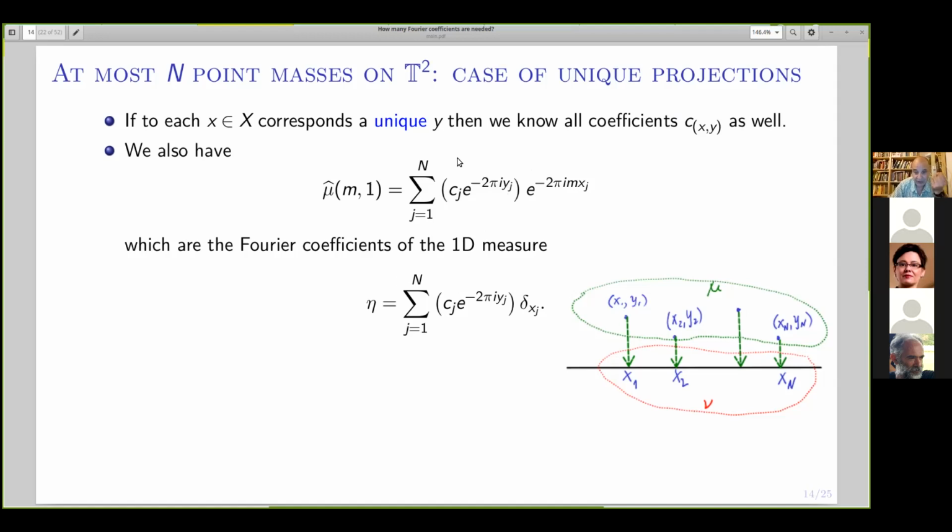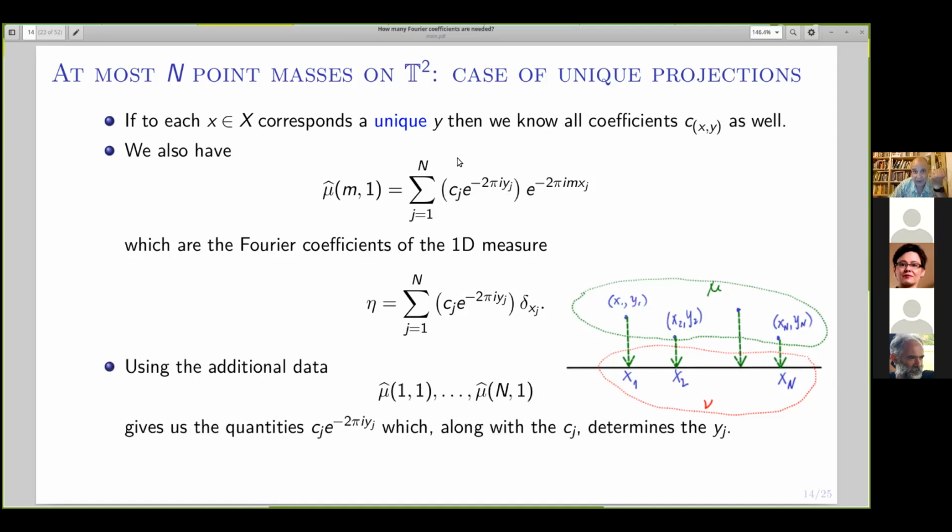Since eta lives on n points, we can recover these coefficients in parentheses by looking at only n consecutive values of the Fourier transform, because we know what the xj are. So we get those quantities, but cj was already known because of the uniqueness assumption here. We just divide and we get this number. So we also get yj.